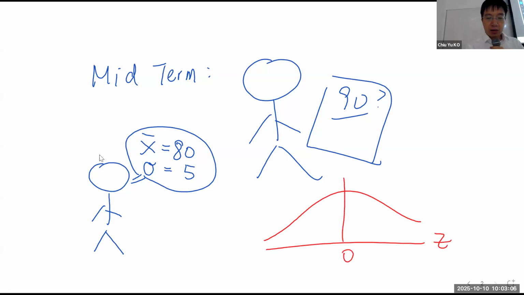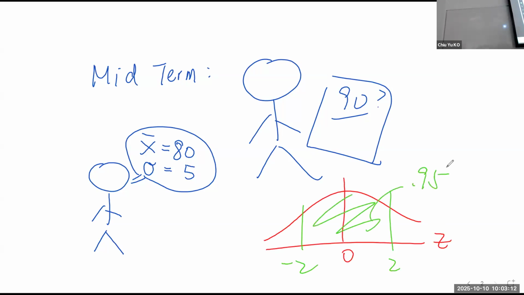The 2 SD rule says 95%, which means this area and this area add up to 5%. They're symmetric, so 2.5% each. So if you're 2 SD above, you are at 97.5%. If there are 100 people in the class, only 2 people are better than you. You are the top 2, the third guy.